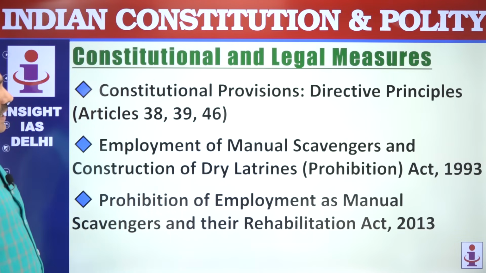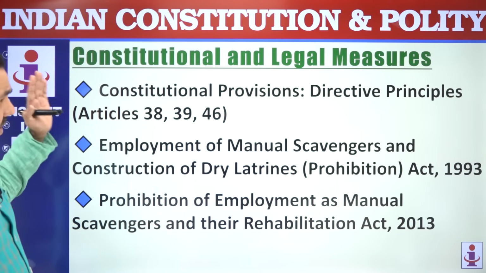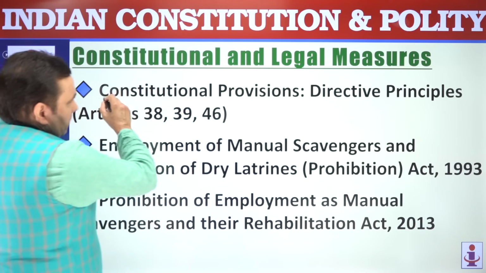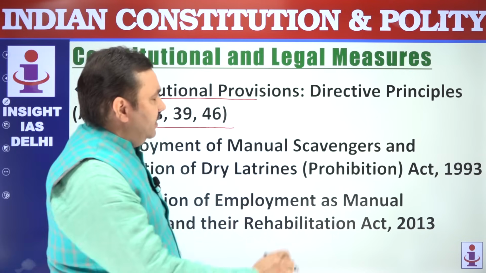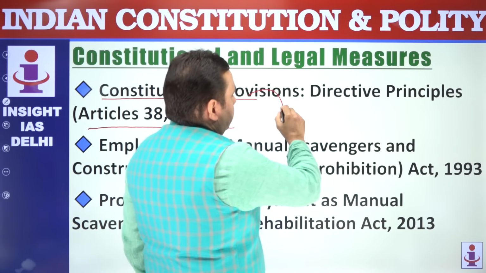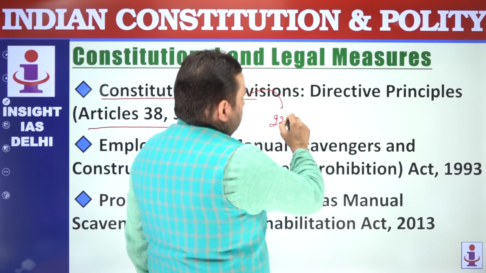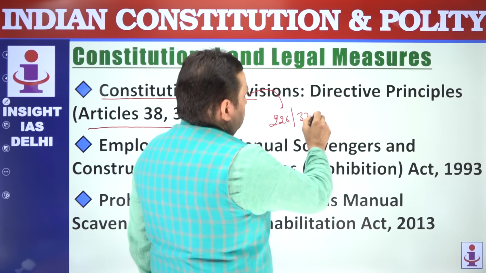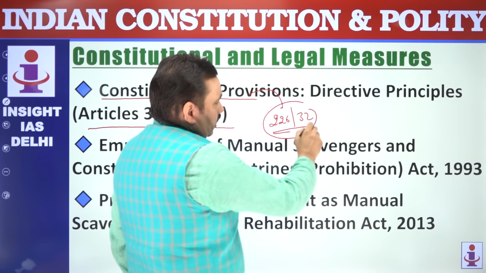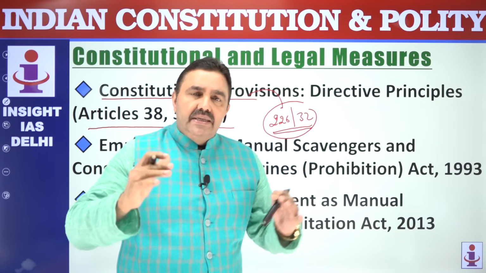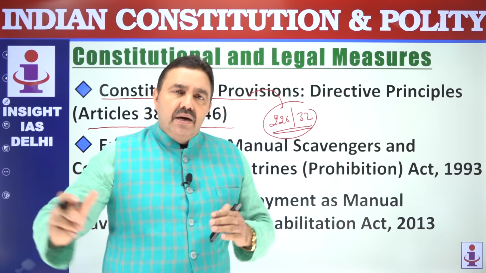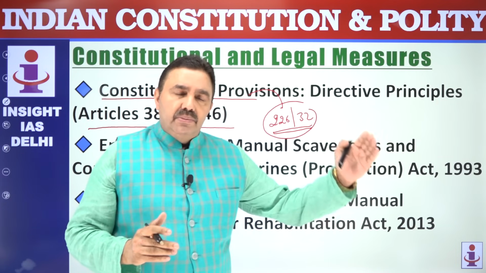What are the constitutional and legal measures available? Constitutional provisions: you have fundamental rights, protections granted by fundamental rights, and fundamental rights are further protected by the force of Article 226 and Article 32. Under Article 226, a person facing the breach of his fundamental rights can approach the High Court. Under Article 32, the person can approach the Supreme Court.